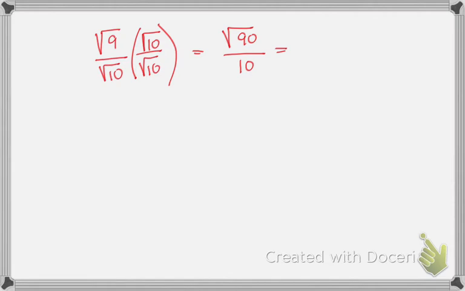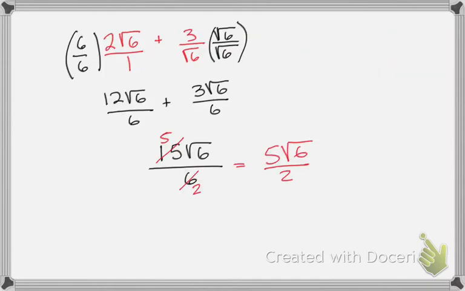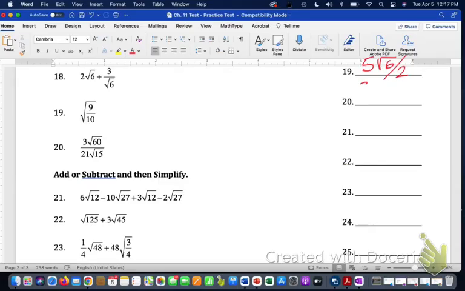So under 90, 90 is made up of 9 times 10. There's that perfect square, and then I have a 10. So the square root of 9 is a 3. I'm keeping the 10 under the radical, and I cannot simplify my non-radicals. So it's 3 rad 10 all over 10.